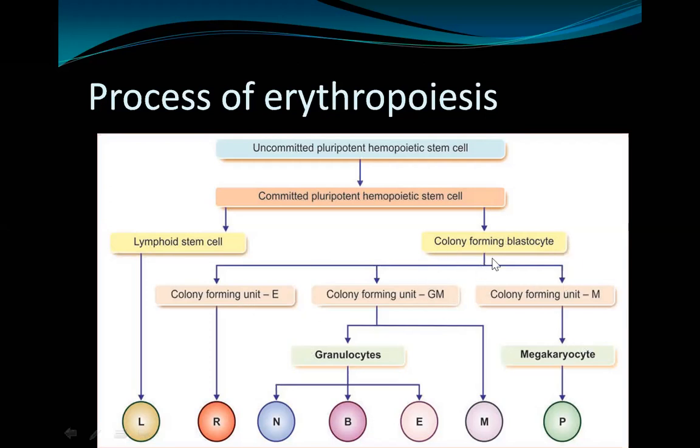The colony-forming blastocyte divides into the colony-forming unit erythrocyte, which is the one that will be producing the red blood cell. Next time we'll look at the other colony-forming units, for example granulocyte, monocyte, or colony-forming unit megakaryocyte, which will be producing the platelets. Our main focus today is the colony-forming unit erythrocyte, which produces the red blood cell.